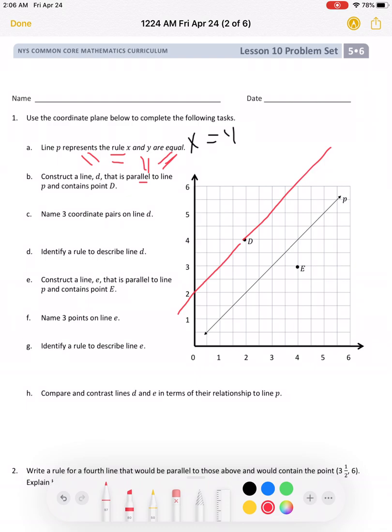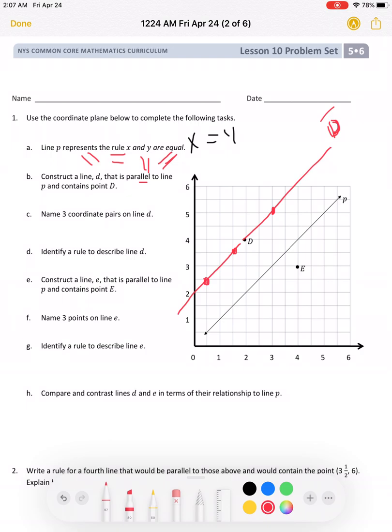We're going to label this line D. It says name 3 coordinate pairs on line D. It didn't say which coordinate pairs, so here we'll just give 3 that we want. I'll put a coordinate pair here. That's 1. I'll put one here. That's 2. And let's do here 3.